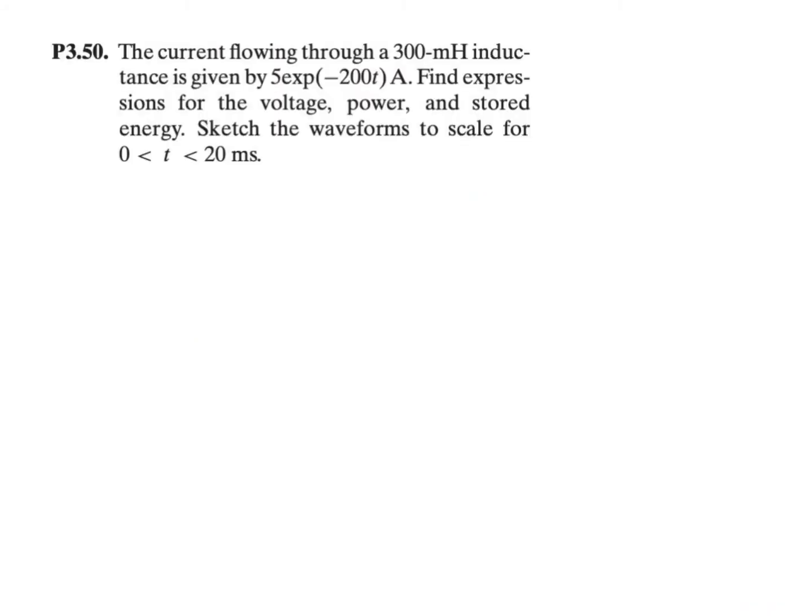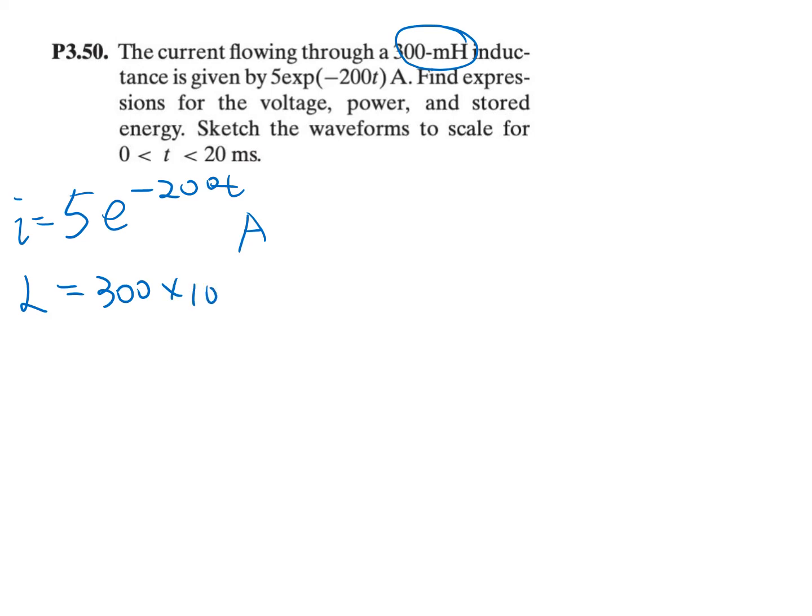Question P3.50. The current flowing through a 300 millihenry inductance is given by 5 times the exponential of negative 20t. So I is equal to this value, and we have the inductance L is equal to 300 millihenry.